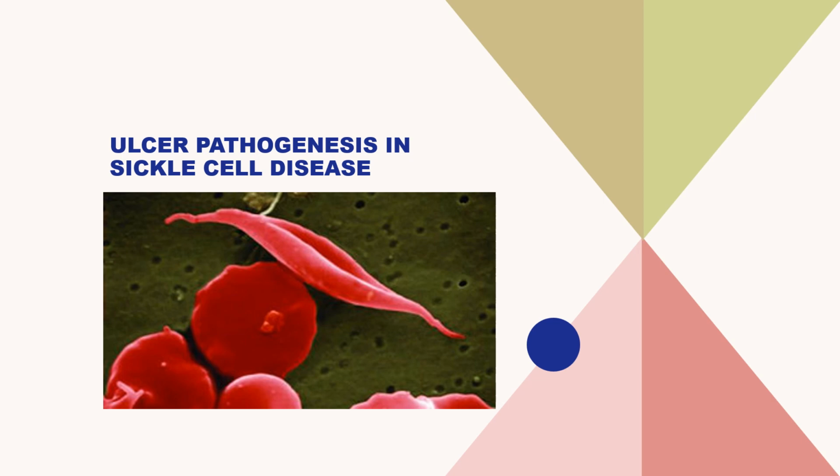Over time, the patient suffers repeated episodes of pain, tissue damage, and eventually organ failure. Many times the cells become damaged while they are in a sickle shape and have a shortened lifespan. Because these cells are removed from the circulation faster than normal, anemia results.